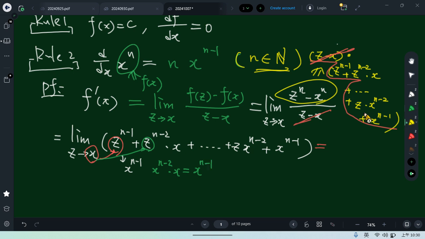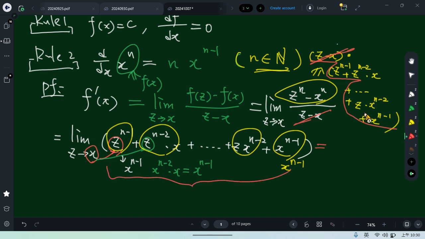So for each term, we always get x to the power of n minus 1. But in total, we have n terms. So finally, the result is n times x to the power of n minus 1.